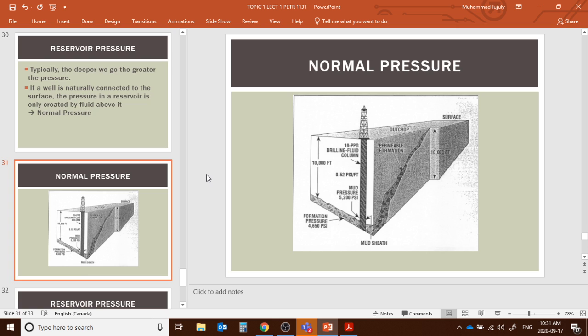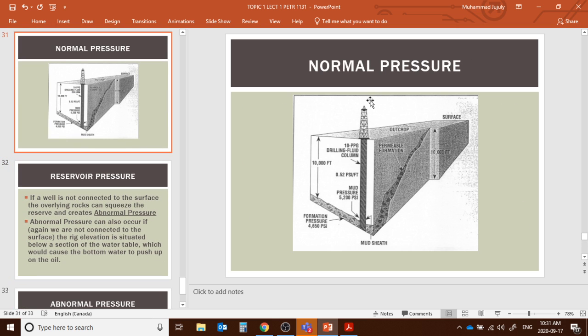That means here, if you see, this is the formation pressure, this is the pipeline. Okay, this is the mud pressure, and we'll have a reservoir pressure.